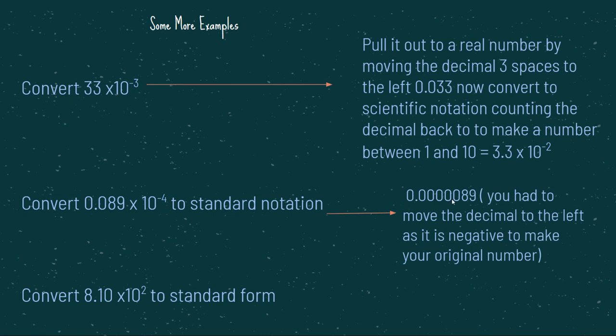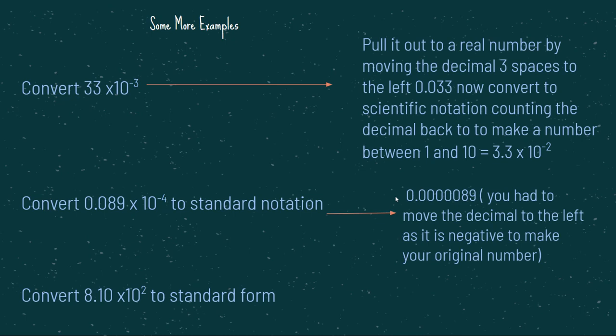I jumped 4 spaces to the left. 1, 2, 3, 4. Everywhere from here to here, where the decimal place went, gets a 0 to hold that place. They're not significant digits, but we need to hold that place. All right, so this is what my number looks like in standard form or standard notation.